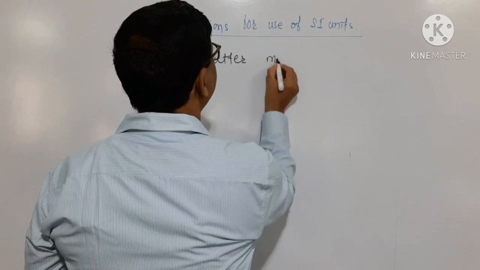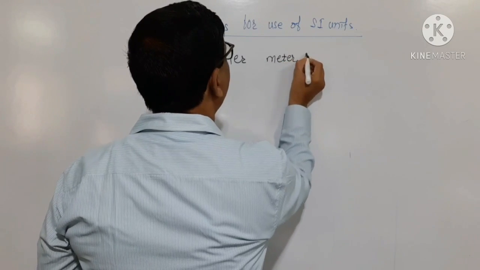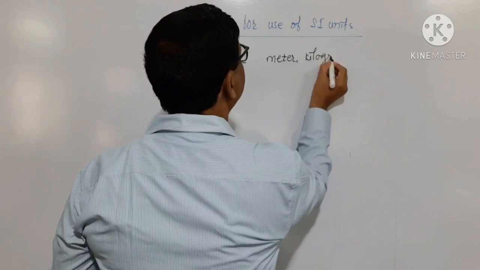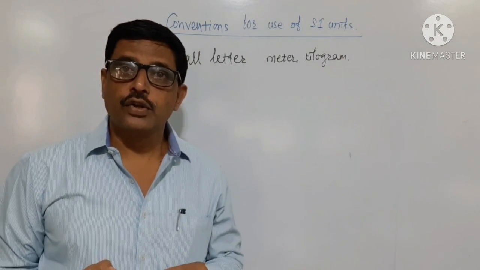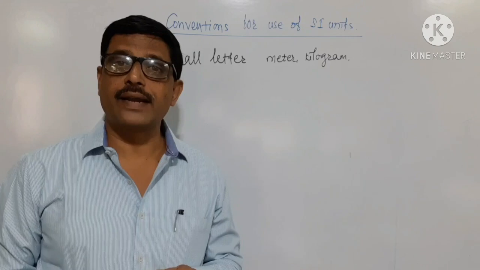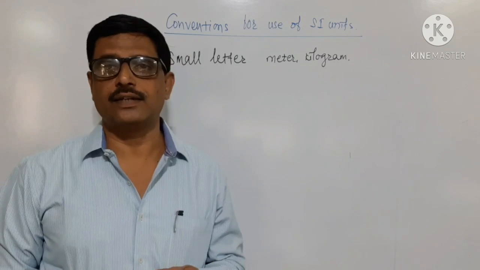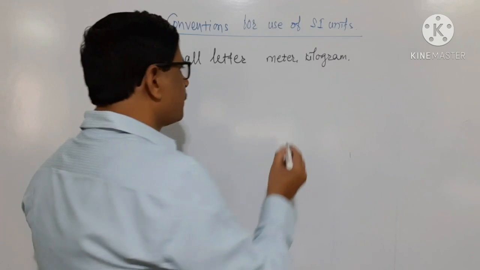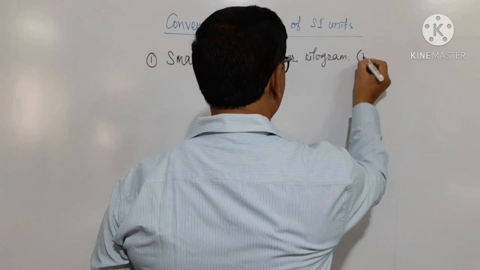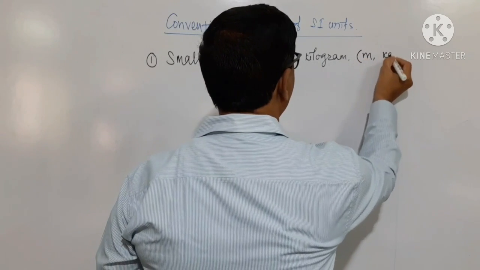You should write it as meter or kilogram or second, like that. The unit should not be written with a capital letter. It should not start with a capital letter. The symbol of the unit, if it is not a special one, should again be a small letter.